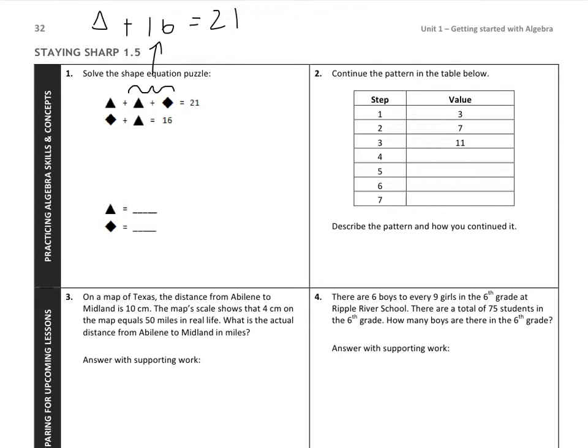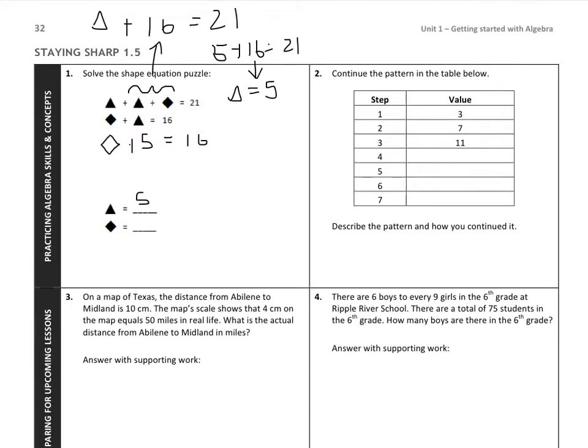Okay, so now we just have to think of what you can add to 16 to get to 21. And I think it's just got to be 5. And so that means that 5 plus 16 equals 21. And so therefore, triangle equals 5. So I'm going to put that down here. And so now I'm going to go back to the other puzzle and fill in. So instead of diamond plus triangle equals 16, I'll put diamond plus 5 equals 16.